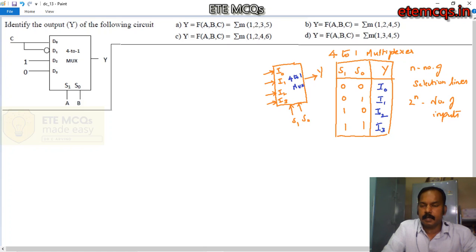Now let us write the respective Boolean expression by inspection.